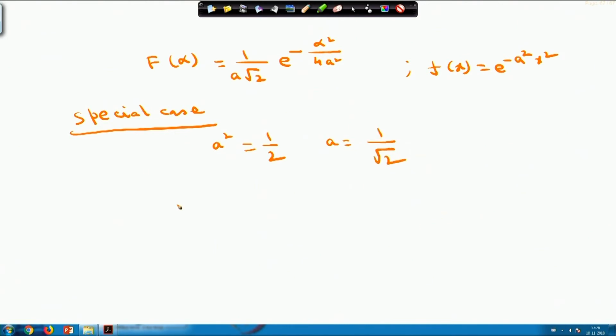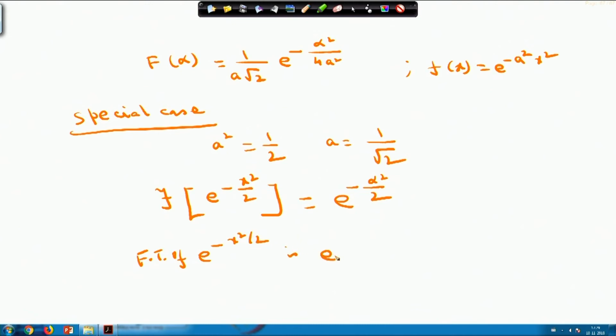If I substitute this, then the Fourier transform of e power minus x square by 2, if I put a square equals 1 by 2, you will obtain this value as 4 into 1 by 2, so that it will be alpha square by 2. Therefore, you can tell that the Fourier transform of the function e power minus x square by 2 is nothing but e power minus alpha square by 2.